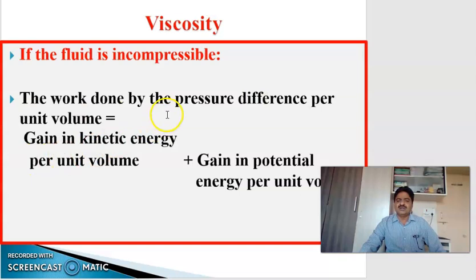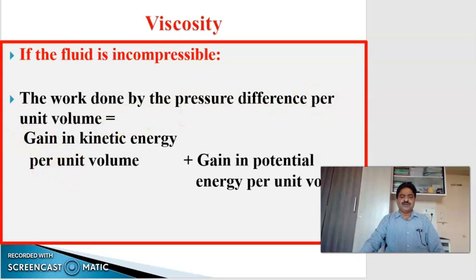The work done by the pressure difference per unit volume is equal to the gain in kinetic energy per unit volume plus the gain in potential energy per unit volume. Their sum is nothing but the total work done by the pressure difference per unit volume.